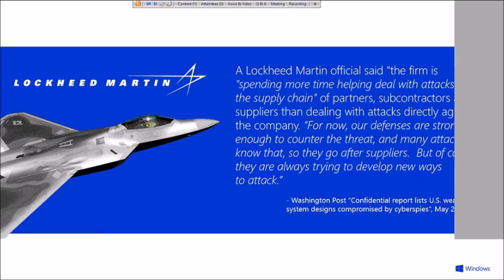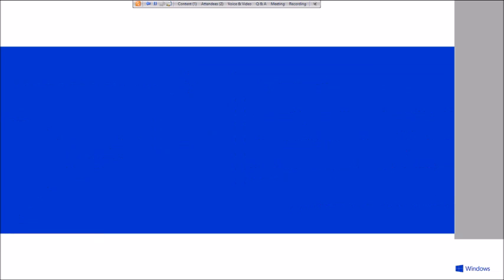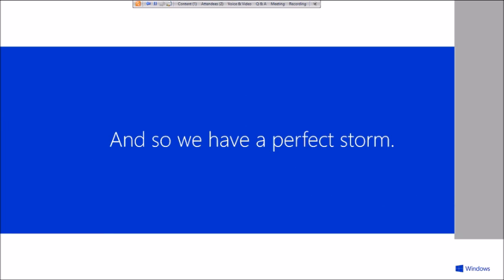So who's bringing, let's say, the milk into Lockheed Martin? Who's bringing the wheelchair, the chairs, and so on? So they're looking after that. So this is another way how this so-called perfect storm is happening.